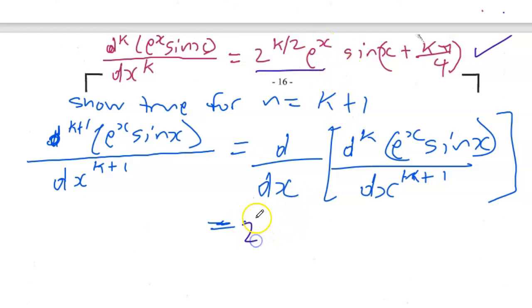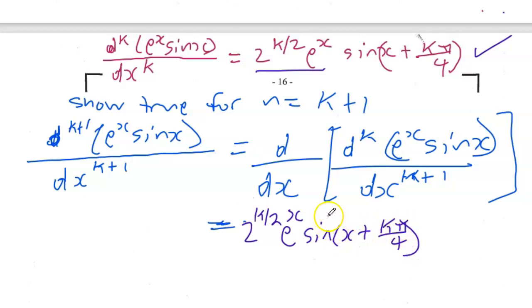And 2 to the power of k over 2 is a constant, so we still get back that, alright? 2 to the power of k over 2, e to the x sine x plus k pi over 4, plus, and we're going to use the product rule. So this time we restate, put back this, and then differentiate the sine term.